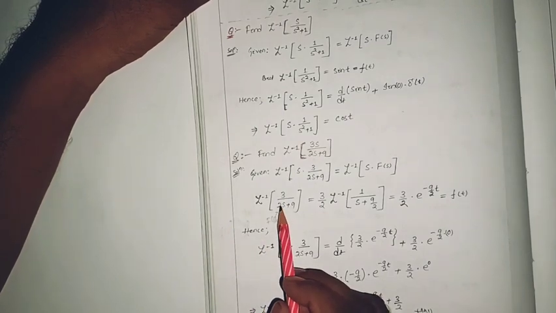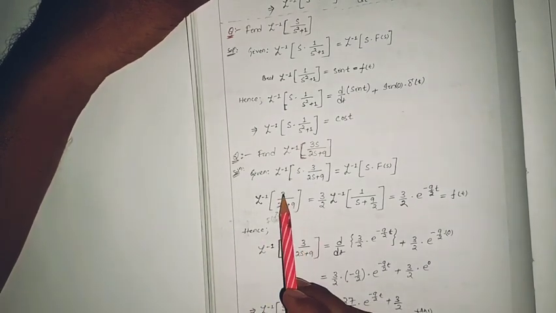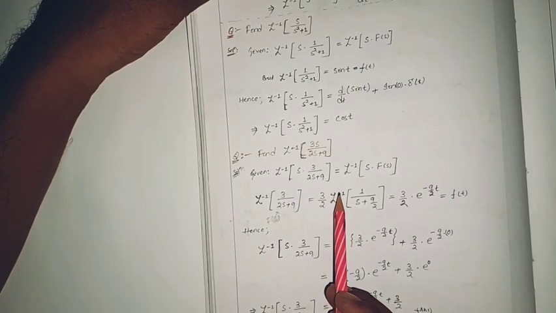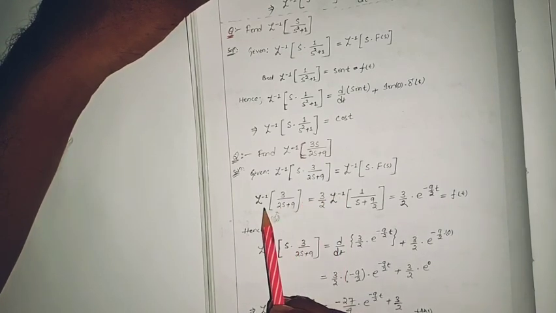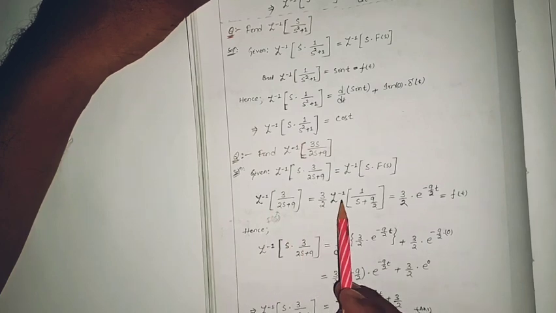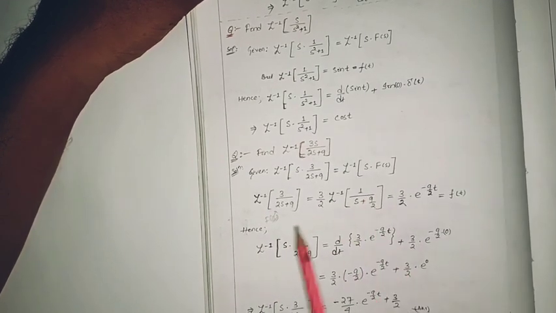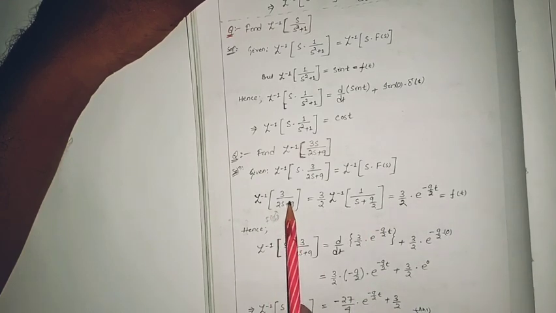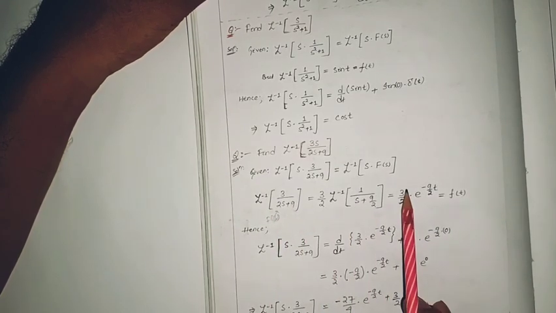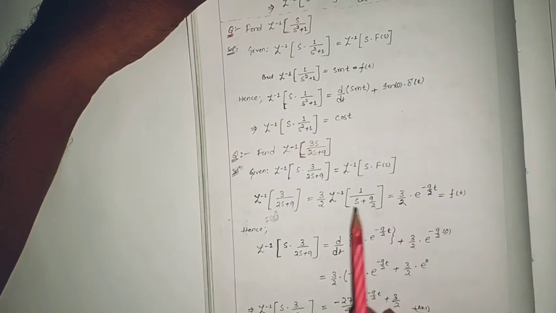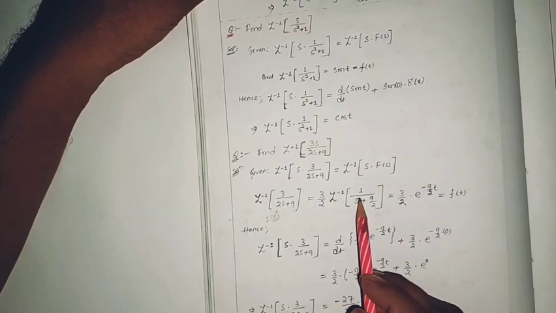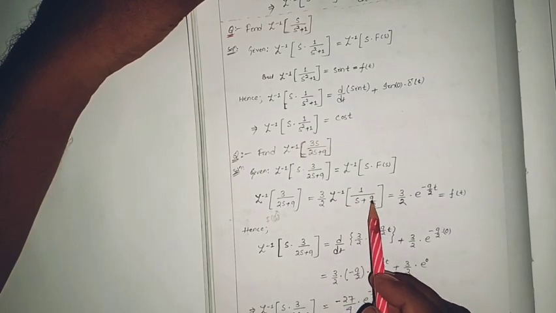Here you can see 3 by 2 taken outside, that means 3 taken from the numerator, 2 taken from the denominator. So 3 by 2 into the inverse Laplace transform of 1 by s plus 9 by 2, with 2 taken outside from the denominator.